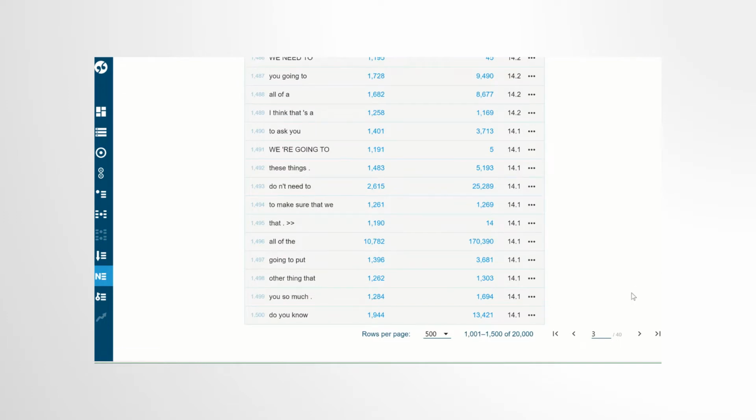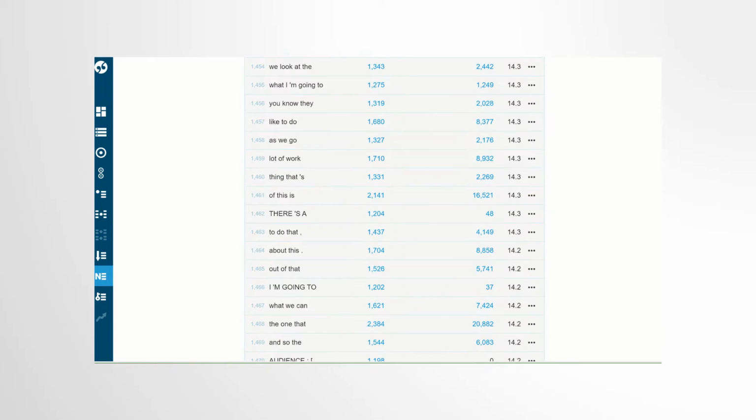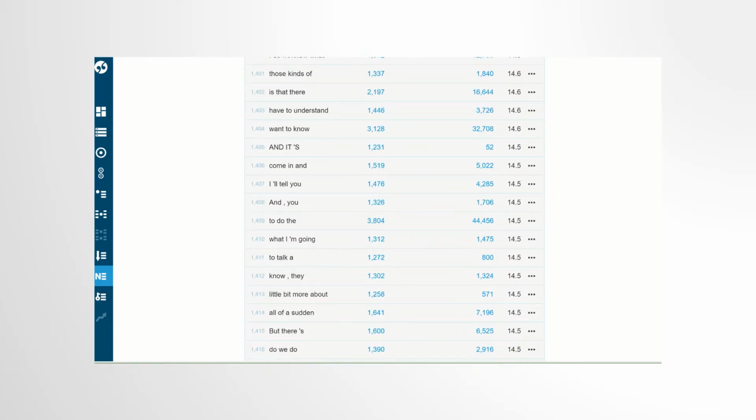Okay. Have to understand, for instance, that's here is clearly a phrase that is probably, if not unique, of course, but fairly specific to academic English.